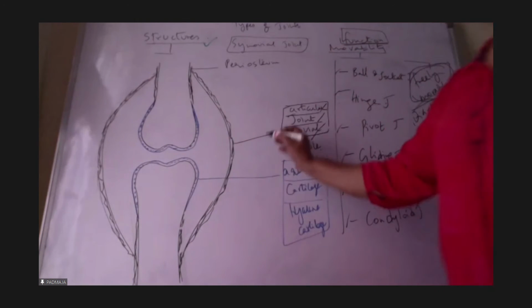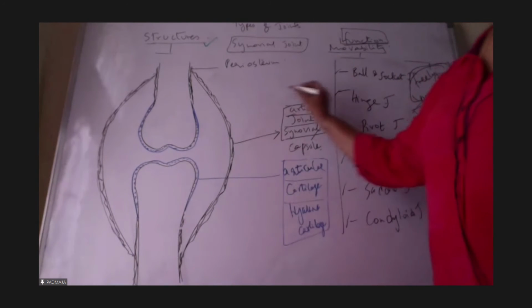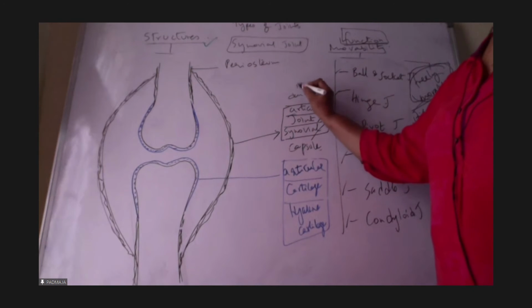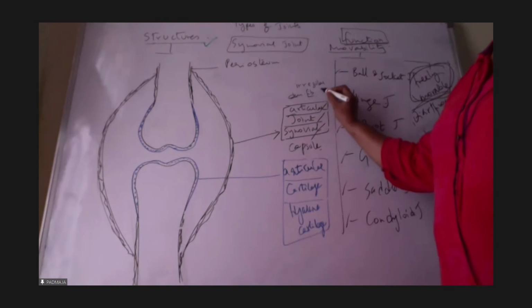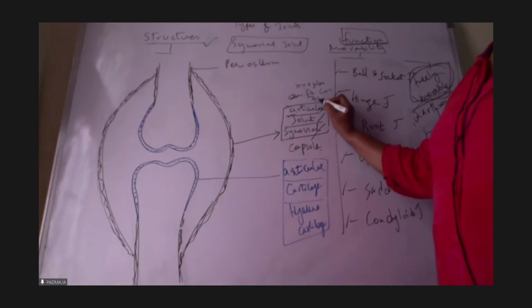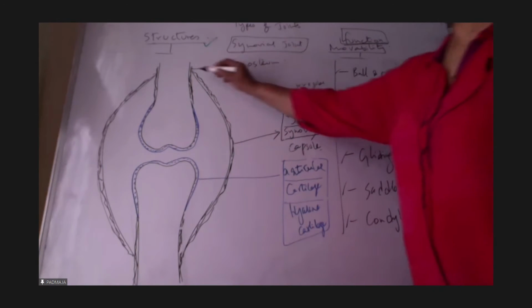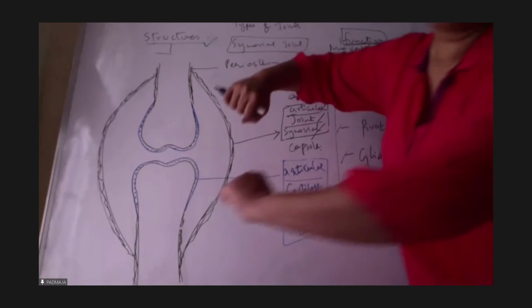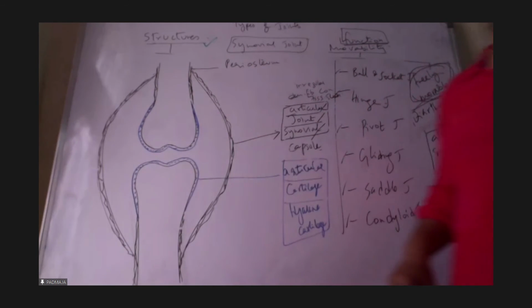So what tissue is it? Irregular, dense, fibrous connective tissue sheath extending from one periosteum to another and holding the two bones near the joint firmly.